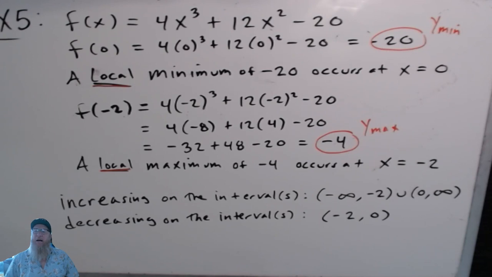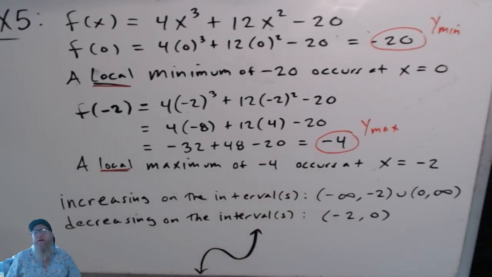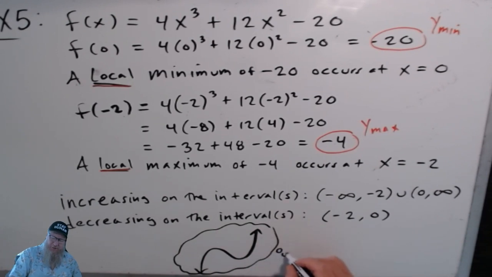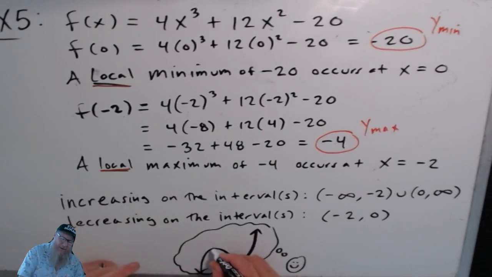Okay. At some point, I'll bust out the graph grid and draw a more detailed graph, but generally what it looks like is this. That's a very loose interpretation of what it looks like. So it's increasing, and then it's decreasing, and then it's increasing, and then it has a maximum here.